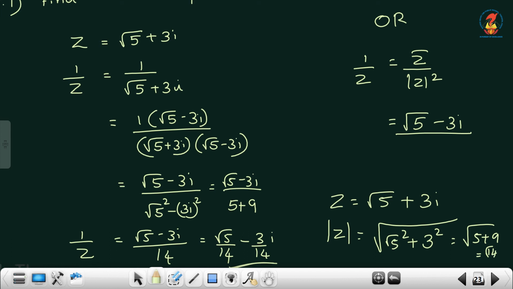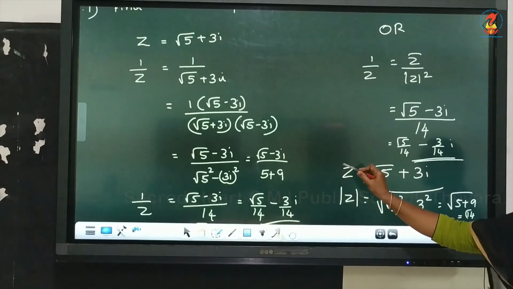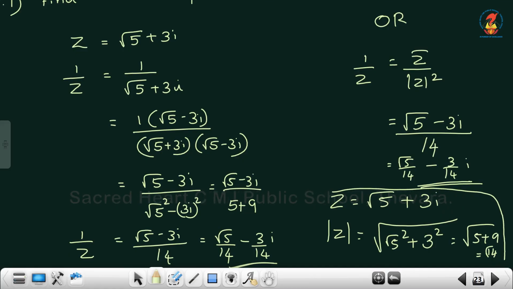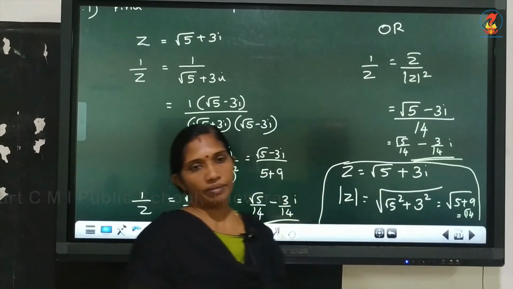Mod z is root 14, so mod z square is 14. So I can write root 5 by 14 minus 3 by 14 i. Whichever method is easy for you, you can use either that method or this method. So this is the way we can find the modulus: take the first number square plus the second number square.